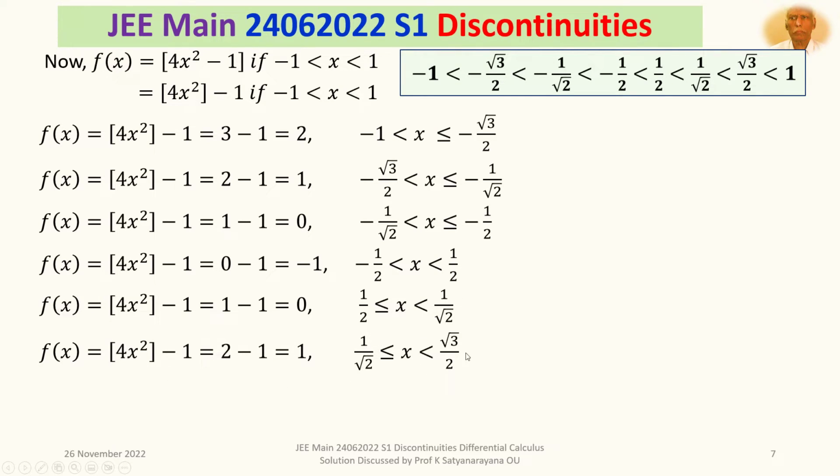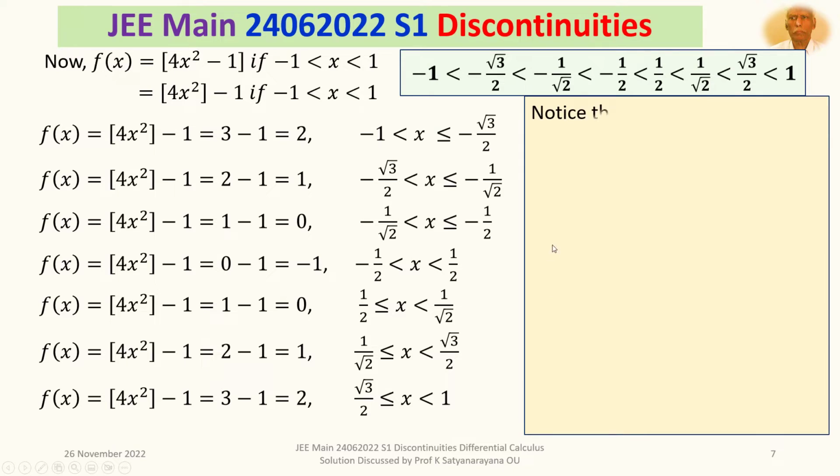And in this interval, f(x) = [4x²] - 1 will give you 3 - 1, that is equal to 2.